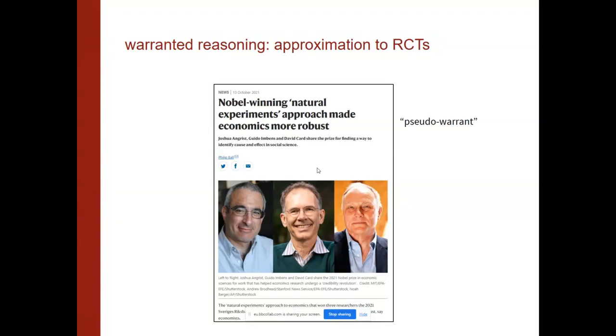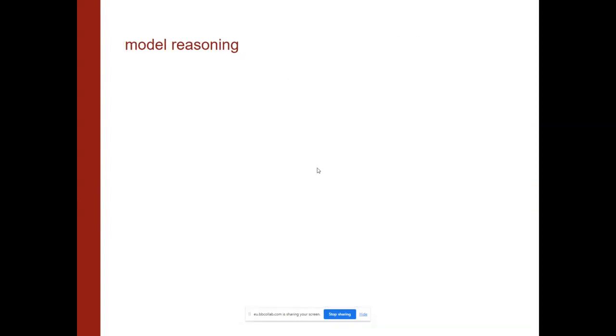What they did was shift a lot of econ away from using model reasoning, over to something that was an approximated warranted reasoning. You can debate whether that's good or bad. I think personally it's great, and I think it's amazing, and the Nobel folks did. But another way to say what they were doing was changing the style of using data. They were moving it toward an approximated warranted reasoning.